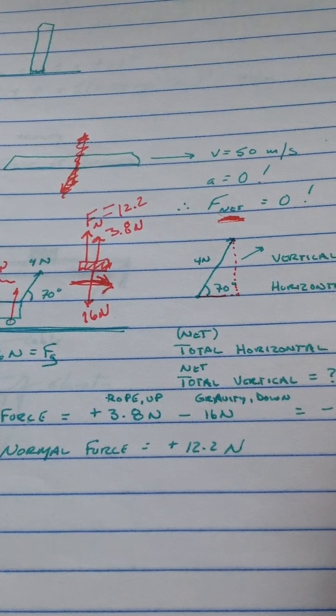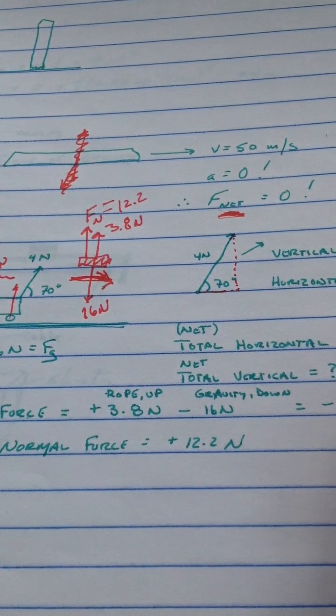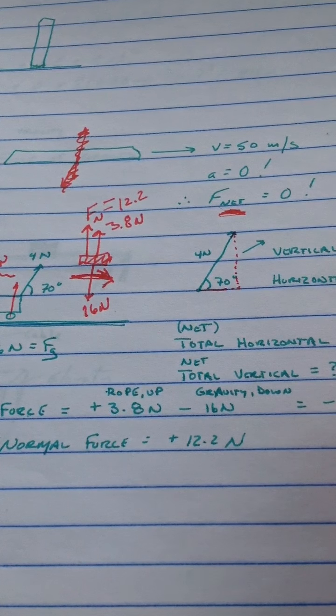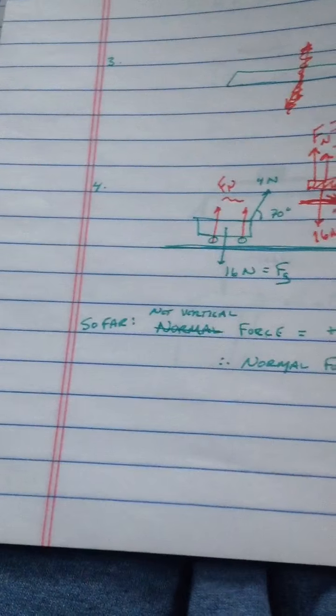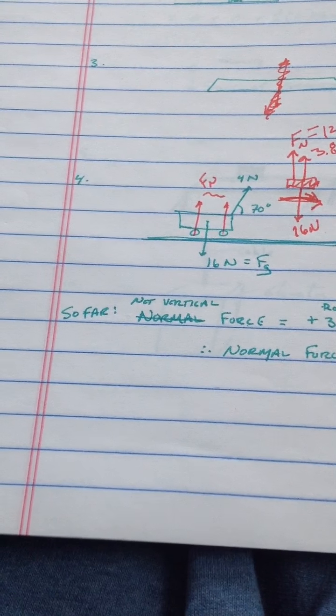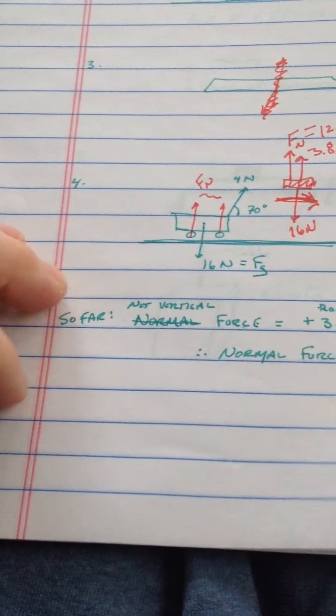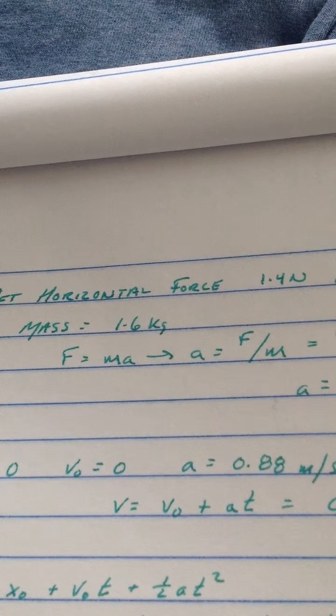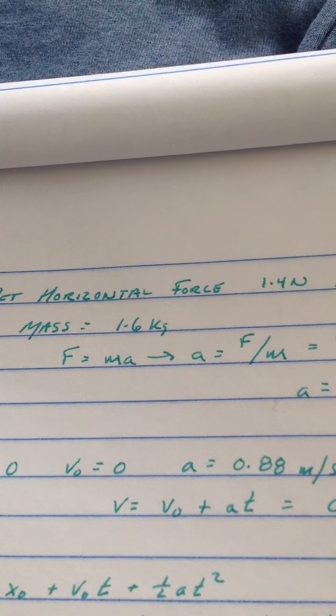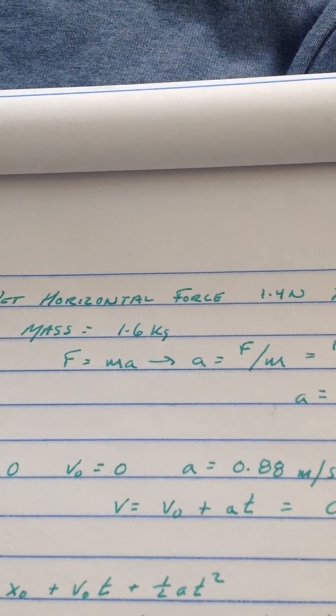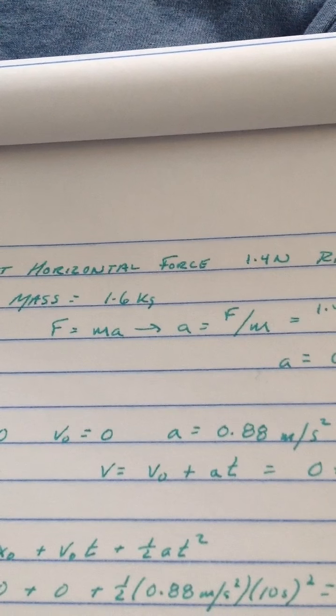The final two questions that we're going to consider with respect to the wagon: now that we know all the forces on the wagon, question 5 asks, if the wagon mass is 1.6 kilograms, what is the acceleration of the wagon?